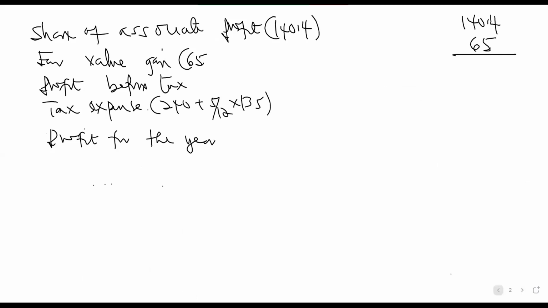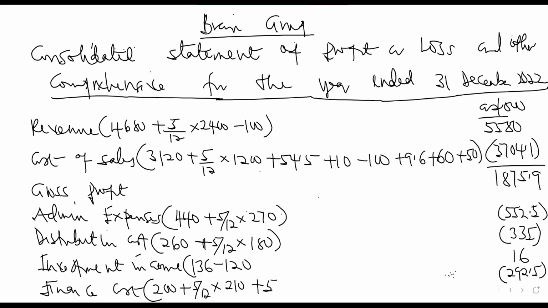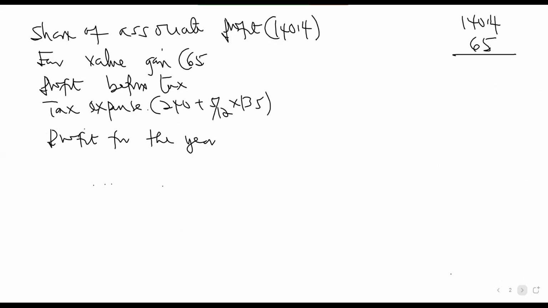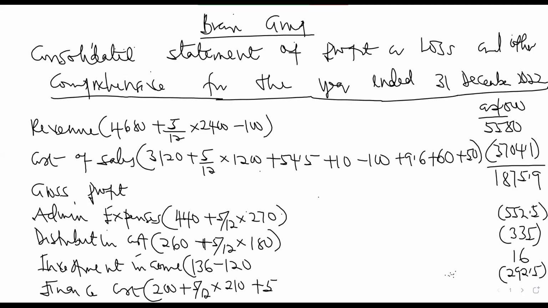We have the gross profit, which is 1875.9 minus 552.5 minus 335 plus 16 minus 292.5 plus 140.4 plus 65. I'm getting 917.3. Okay. Confirmed.